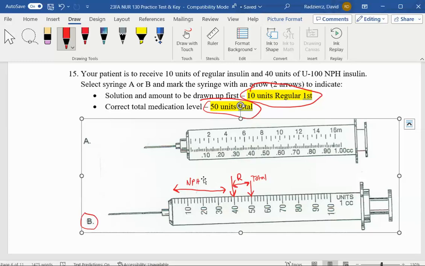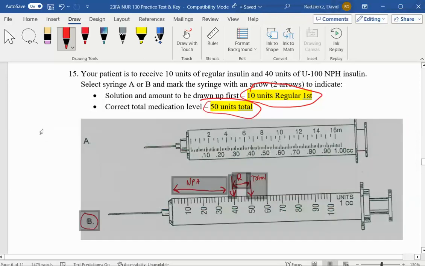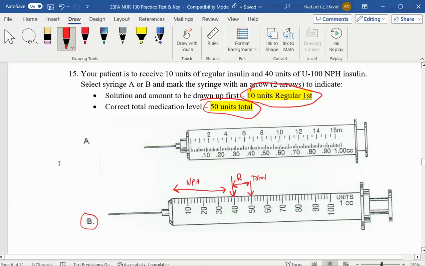I got this from a textbook that explains it, and that's in the OneDrive folder as well. You'll see mixing insulin syringes. Just click on that PDF and you'll see the picture that depicts how you're supposed to mark your syringe. That's a trick question, because your inclination would be to mark the 50 and move on, or to mark the 50 and then the 10, which is usually what students end up doing over the years.